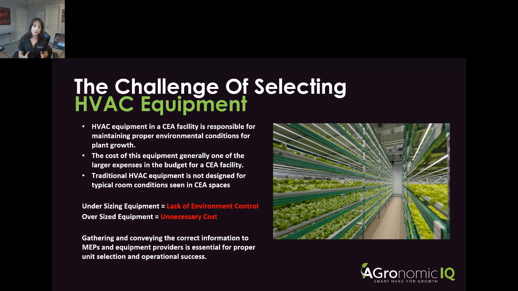So the two worst case scenarios in these applications are undersizing equipment, which will lead to a lack of environmental control in your space, or oversizing equipment, which will add unnecessary cost. So gathering and conveying the correct information to your MEPs, your specifying mechanical engineers, and the equipment providers is essential for proper unit selection and operational success.